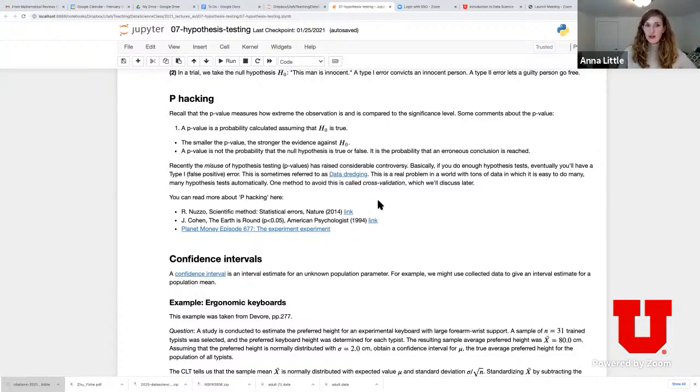One thing you can do to compensate for this is cross-validation. Maybe you split your data in half, check for patterns on a subset of it, and then try to validate it on another part of the data. We'll discuss this a little more later in the class.